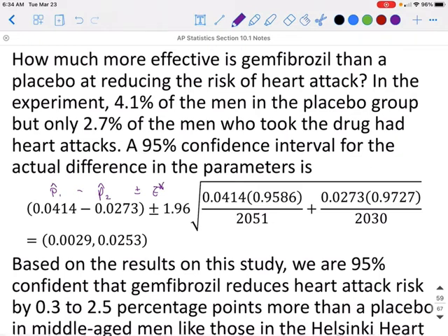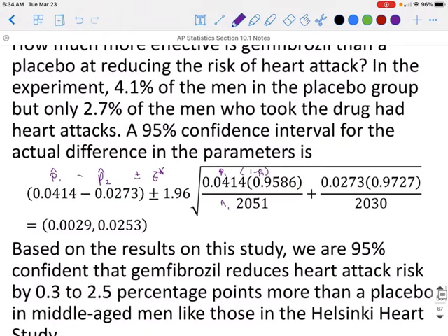And they still did the standard deviation with these ones, they did them separately. So this is going to be the probability of success times the probability of failure for the first one all over the sample size, and the same thing for the second. And this is going to give us a confidence interval of 0.0029 to 0.0253.